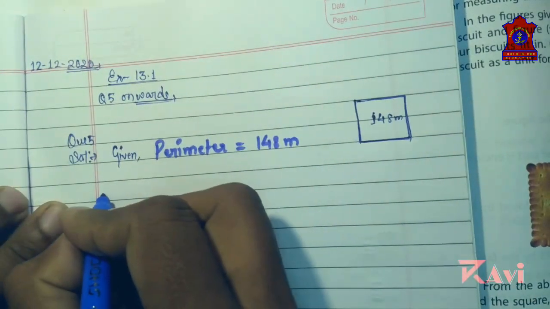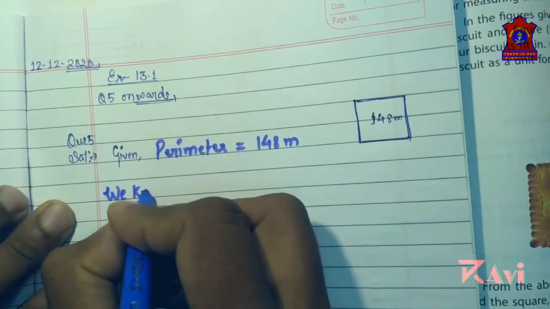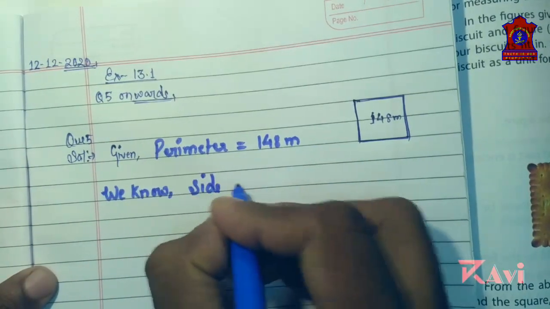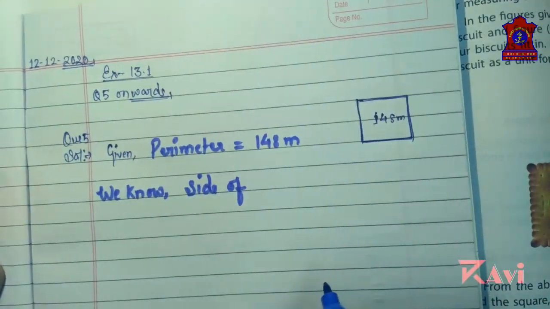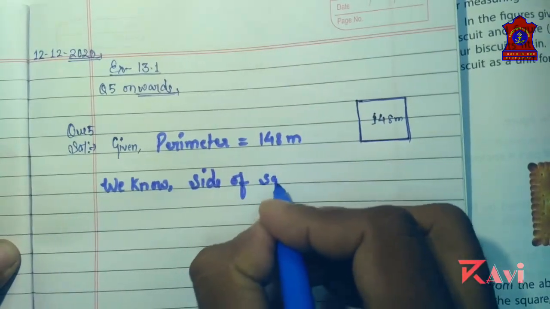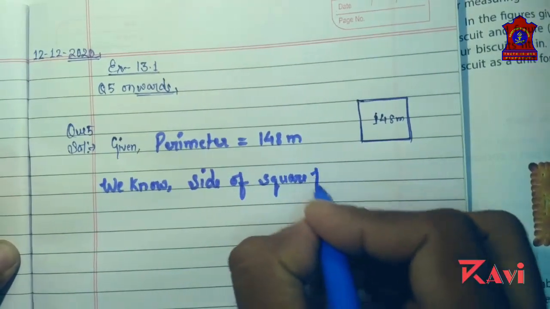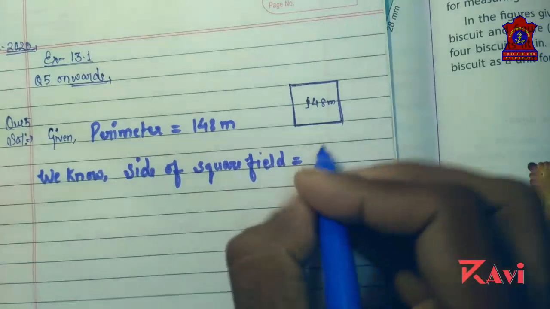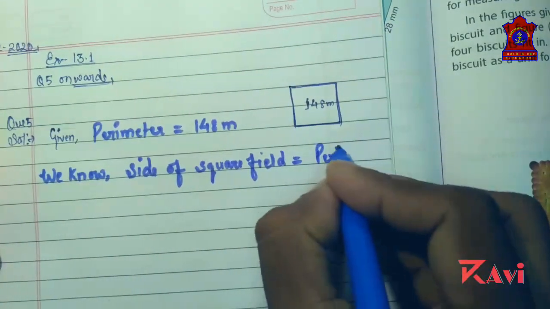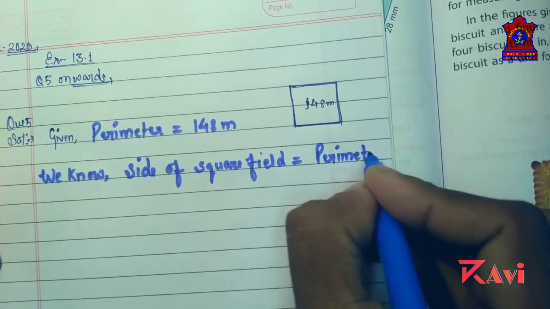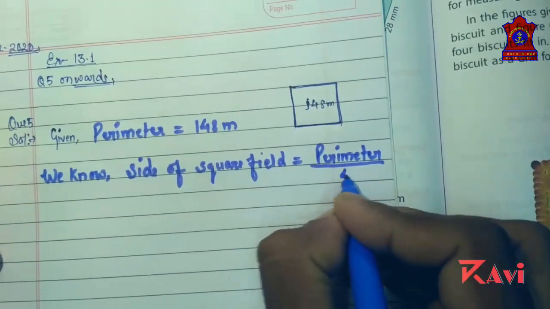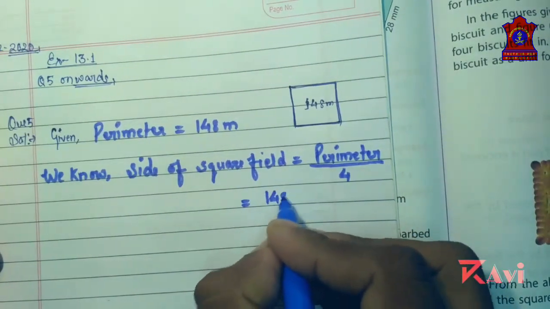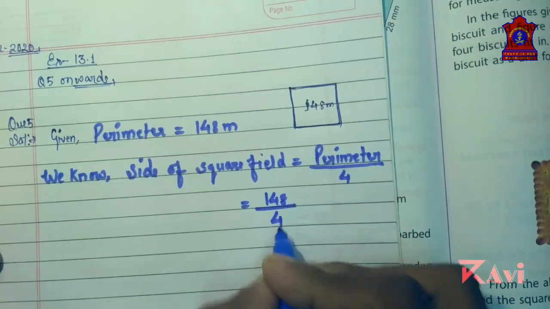Therefore we know, side of square field equals to perimeter by 4. Okay, perimeter. What is the perimeter here? 148 meter upon 4.